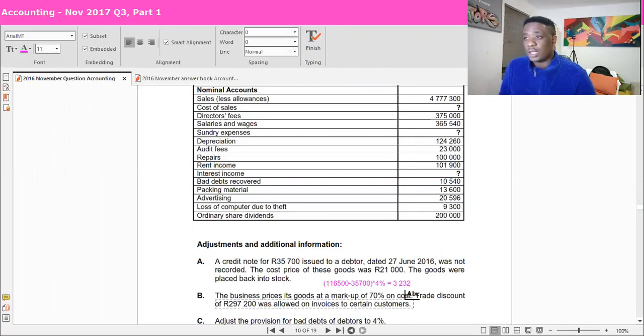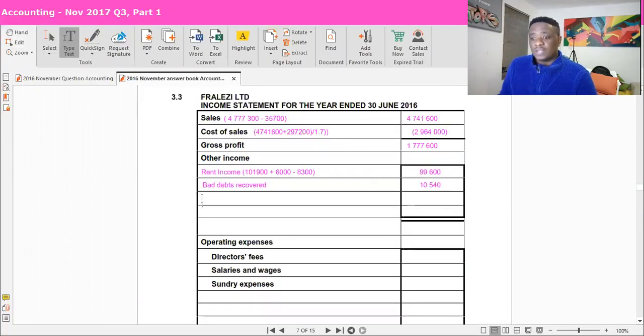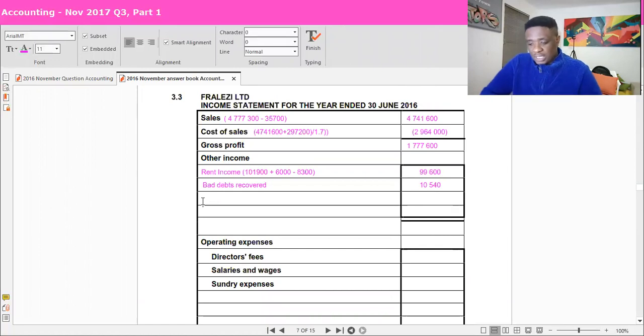And then you need to compare that with the current balance that you got. In this case, we have a provision for bad debts balance of 3,732. So we need to adjust down by 500. So that will be an income. So we'll have a provision for bad debts adjustment.